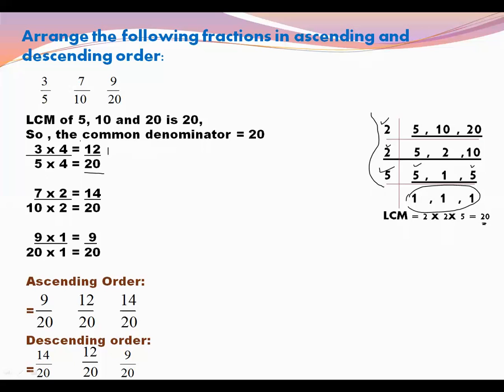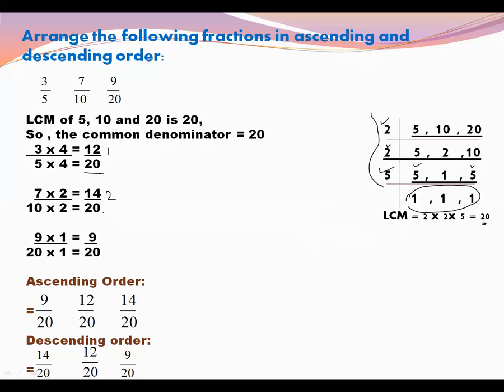In the same way, I'm going to take the second fraction, that is 7 upon 10. So 10 twos are 20 and 7 twos are 14. You just have to focus on the denominator. You have to check your denominator only, and then you will start raising. Automatically, the same number is going to multiply with the numerator, and you will get the second equivalent fraction.